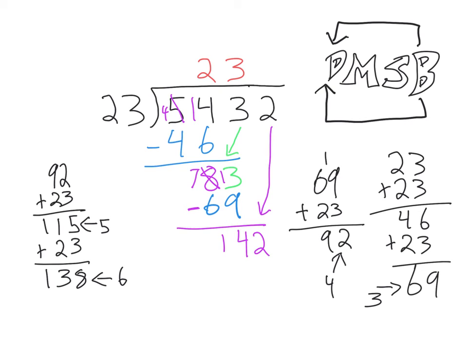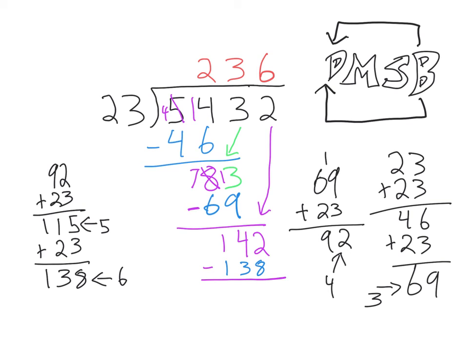So once again, we got 6 groups. So 23 goes into 142 6 times. We know that 6 times 23 is 138. Now we subtract.